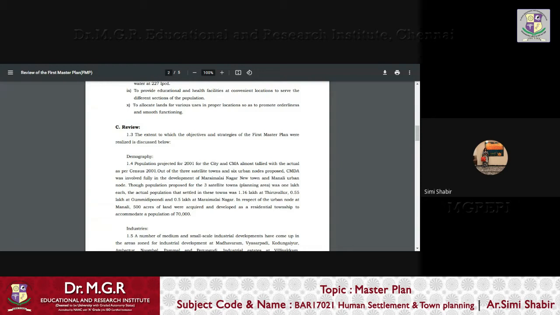Though the population proposed for three satellite towns was 1 lakh each, the actual population that settled in these suburbs were 1.16 at Tiruvallur, 0.55 at Gummidipoondi, and 0.5 lakh at Maraimalai Nagar. In respect of the urban node at Manali, 500 acres of land were acquired and developed as a residential township to accommodate a population of 70,000.